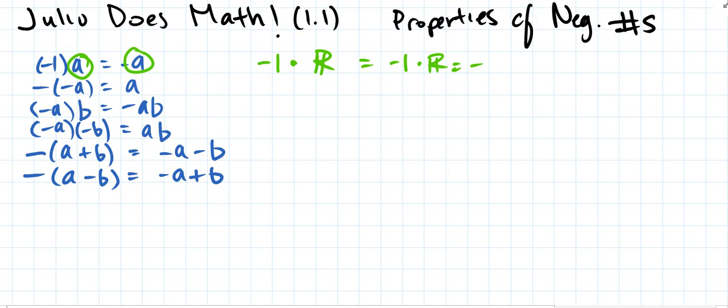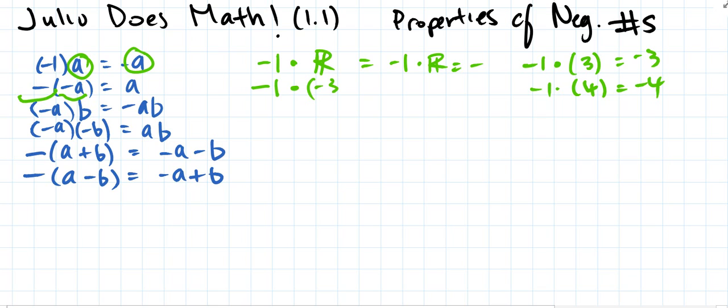So negative 1 times 3 gives you negative 3, negative 1 times 4, negative 4, that's the first property. Now negative 1 times a negative number is always going to give you a positive number. So negative 1 times negative 3 gives you positive 3.